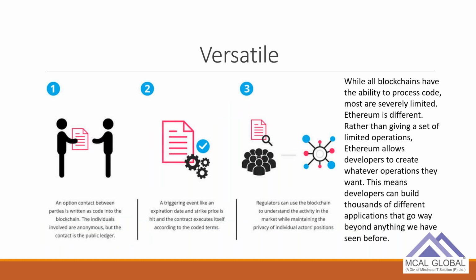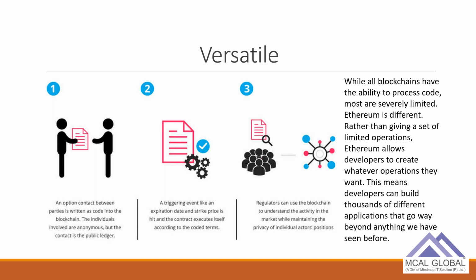Rather than giving limited operations to the users, Ethereum allows its developers to create whatever operations they want, and they could build any applications. It is up to your creativity, but it obviously has to follow certain rules. They have given certain hooks or API points which you can call. You can write your application on top of that and enforce those contracts.